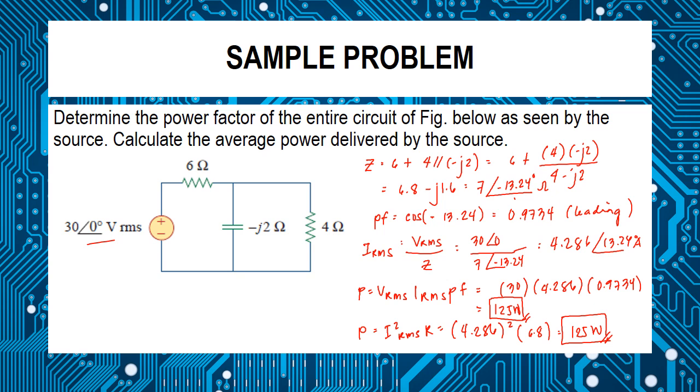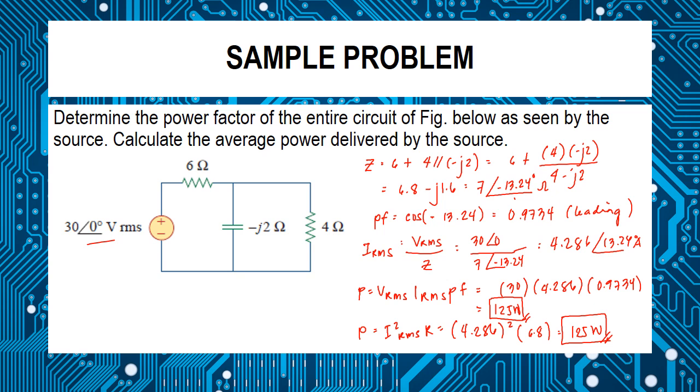So for the average power supplied by the source, power is equal to V RMS times I RMS times PF. So V RMS is 30 times I RMS, 4.286, times the power factor 0.9734, since this is also equal to cosine of theta V minus theta I. And so this will be equal to 125 watts.